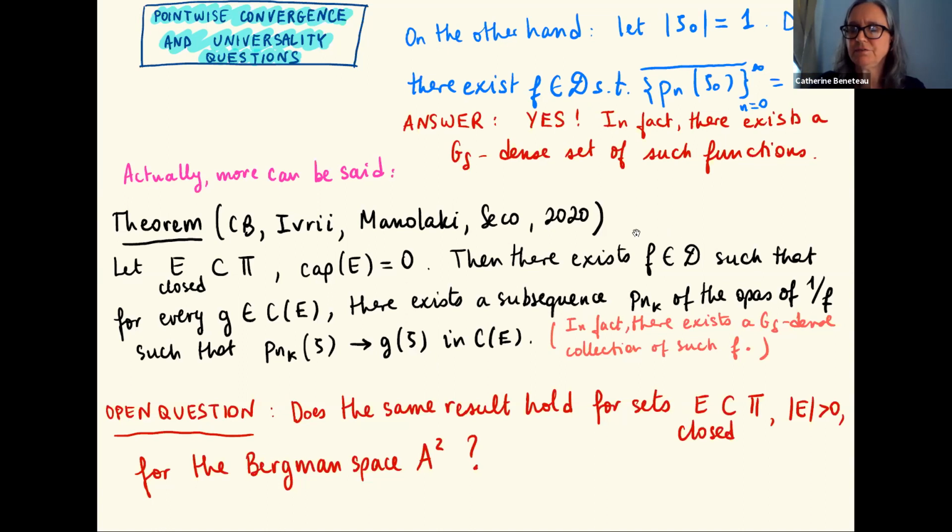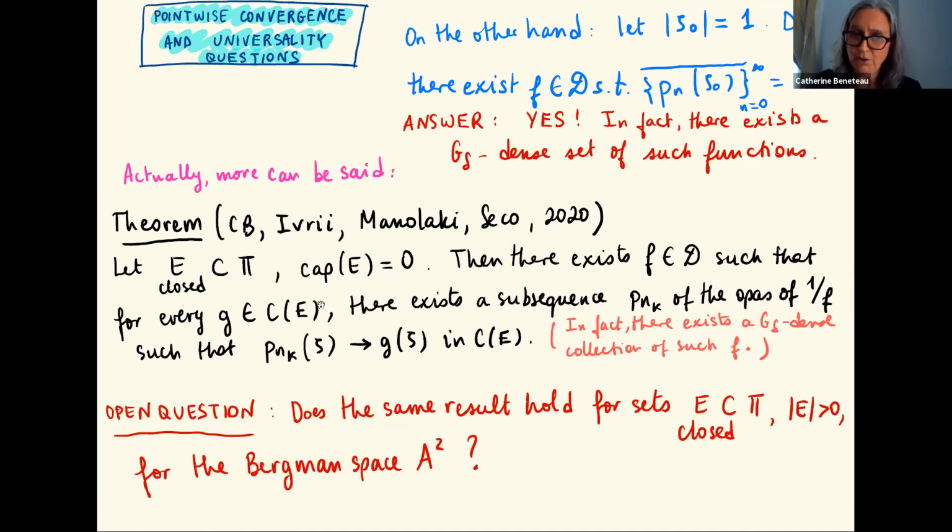Then there exists a function in the Dirichlet space, so it kind of extends this idea of just one point, such that if you take any continuous function on this set E, now the set E is maybe not so good, it has capacity 0, and E may have a lot of holes, E maybe is small.